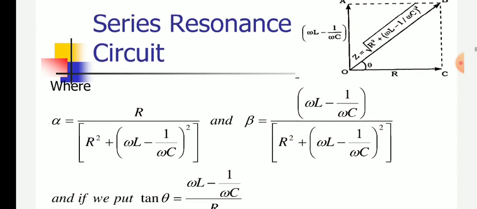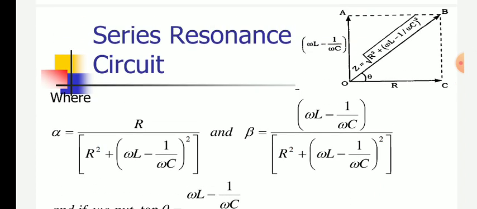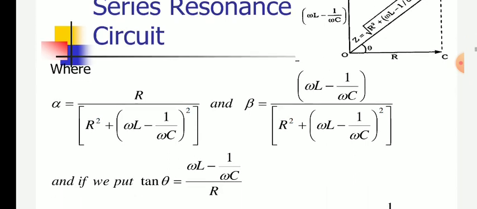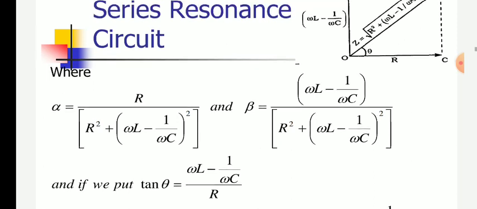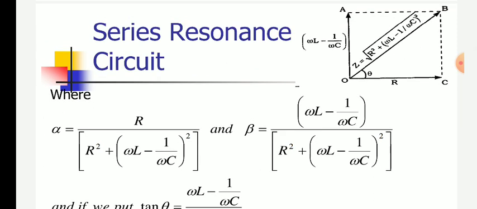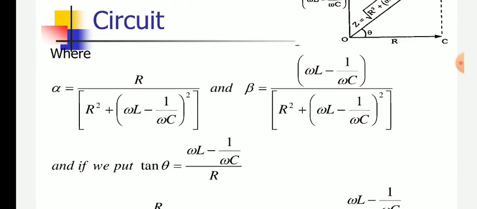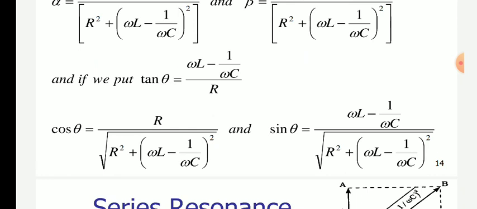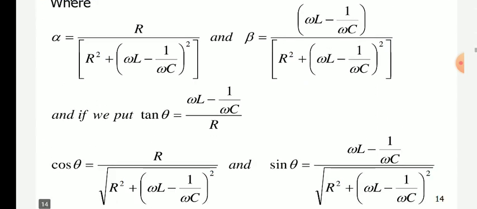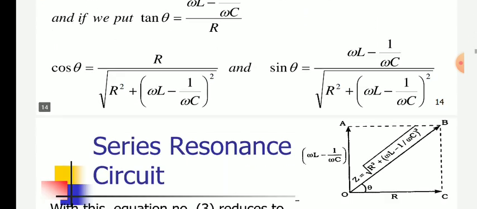From that figure we can write tan theta equal to the opposite side divided by the adjacent side. The opposite side is omega L minus 1 over omega C, whereas the adjacent side is equal to R. So tan theta is given by this equation, and from that figure we can write cos theta and sin theta values.